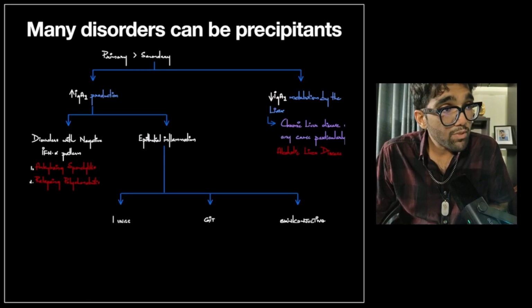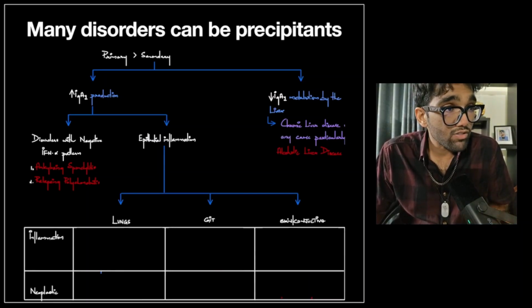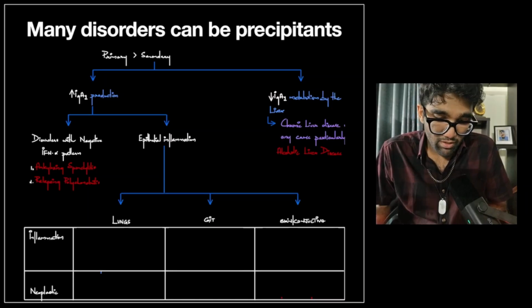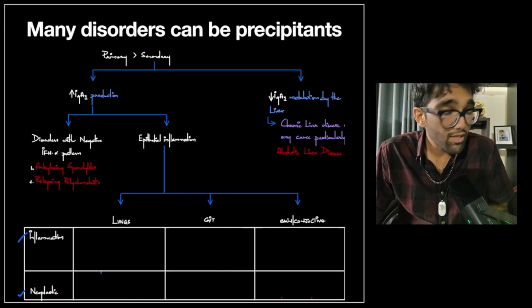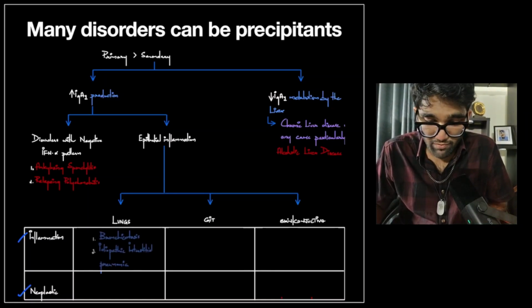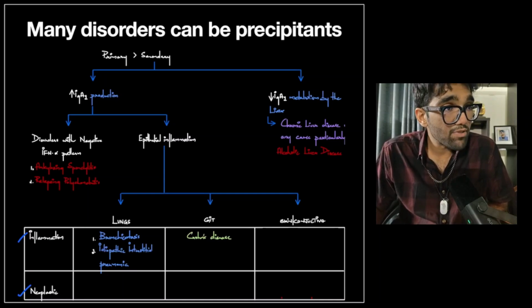Such inflammation may be occurring in the lung, it may be occurring in the GI tract, it may occur on skin and conjunctival tissue. Such inflammation may be a directly inflammatory process, or it may be secondary inflammation as part of a neoplastic process. And in this vein, in the lungs, chronic inflammation happens with bronchiectasis and interstitial pneumonia. In the GIT, it happens with Crohn's disease.